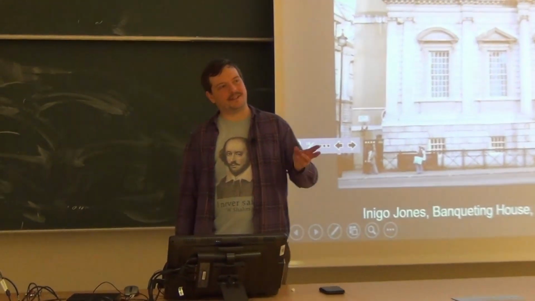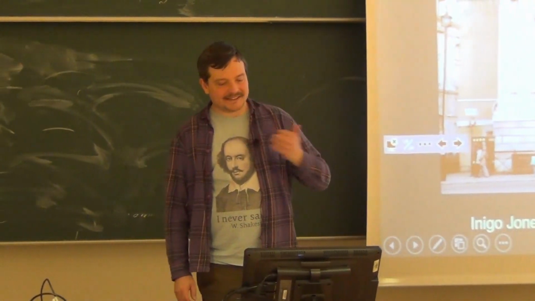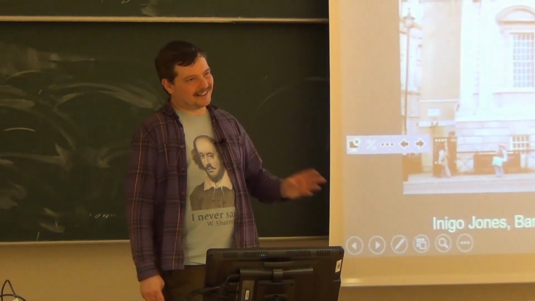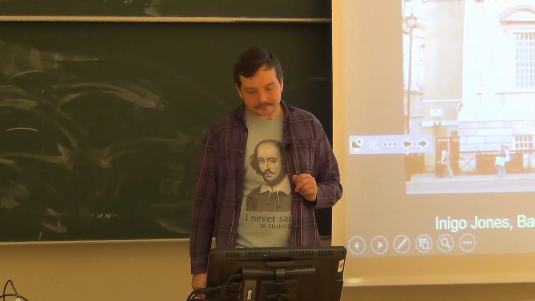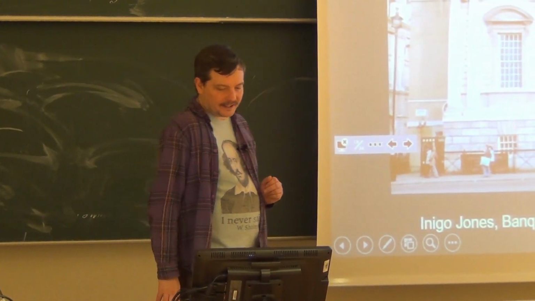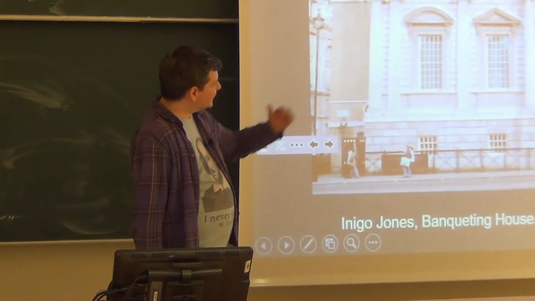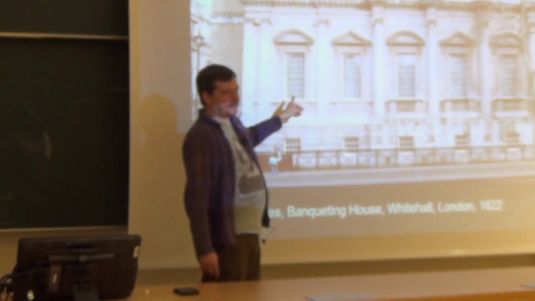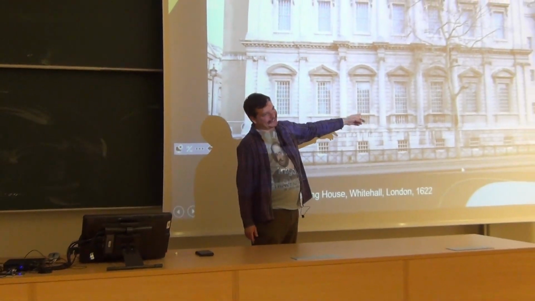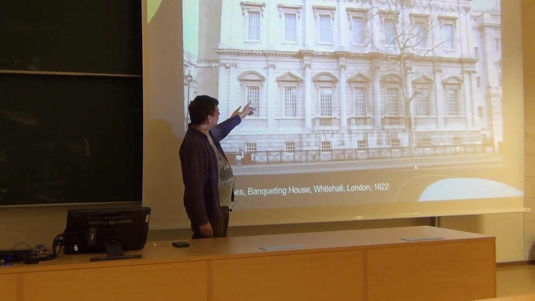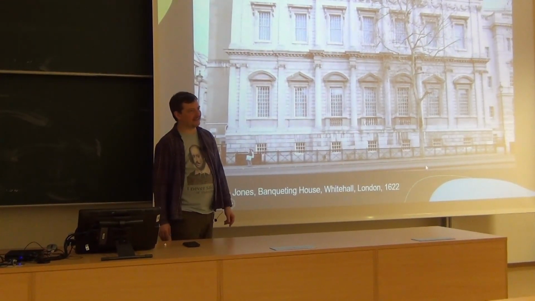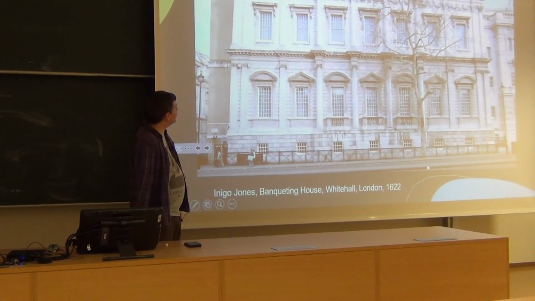There were more British Renaissance architects, but if you want to remember one name, then remember Inigo Jones. So as you can see here, again, columns and pilasters, smaller windows than in the Gothic, but many, many more windows than in the Gothic, and not stained glass windows, because the Greeks and the Romans didn't have them, so they didn't really want to have them either.